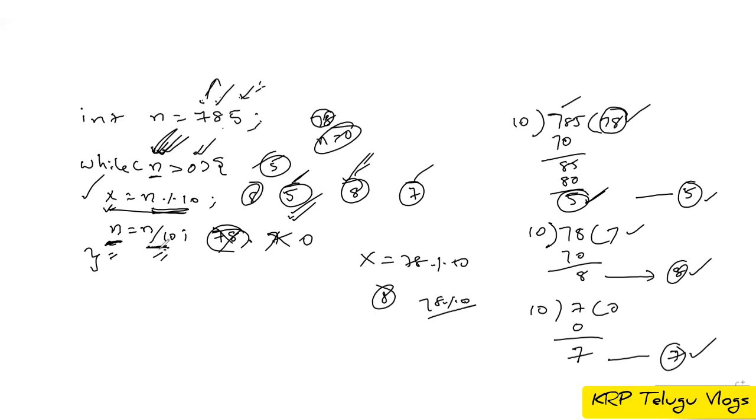So now n is equal to n divided by 10. So what is 78 divided by 10? 7.